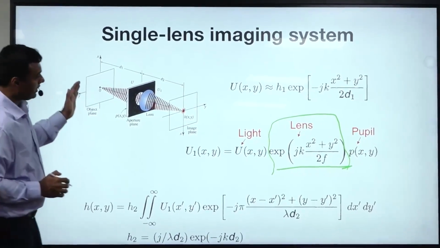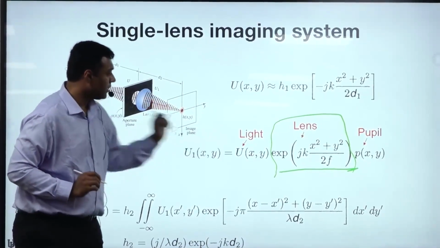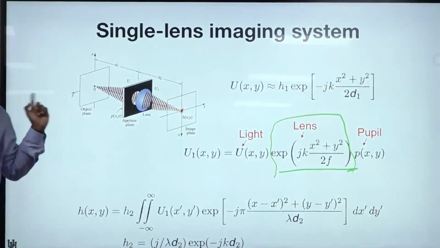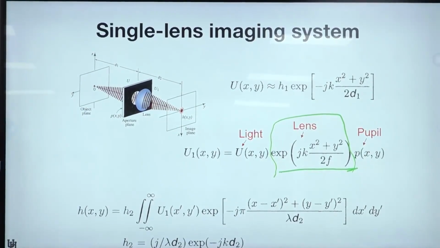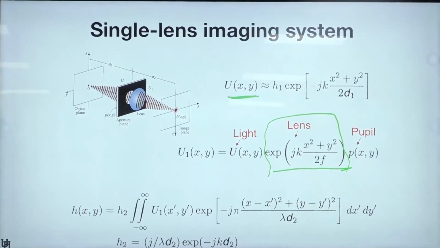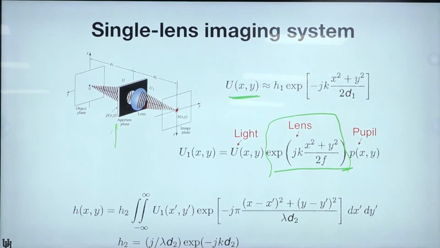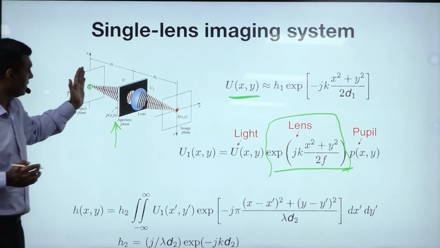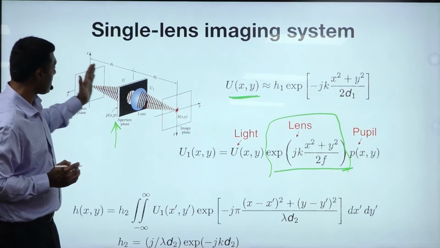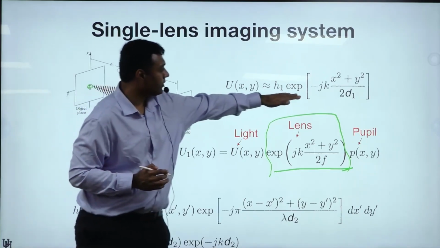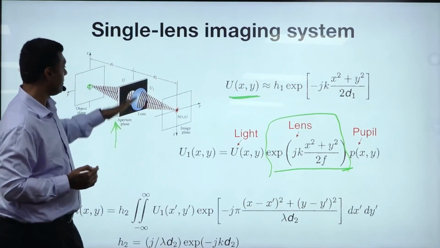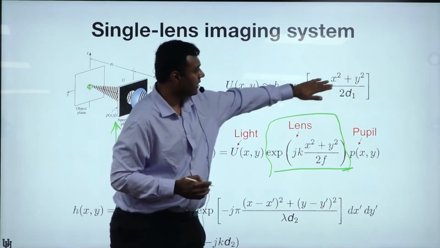So it takes the light that comes in. Let's start with what's happening here. The field in this location, just before it enters the pupil, is a point source emitted, traveling here, and so the equation for the wave here is e to the j x squared plus y squared.